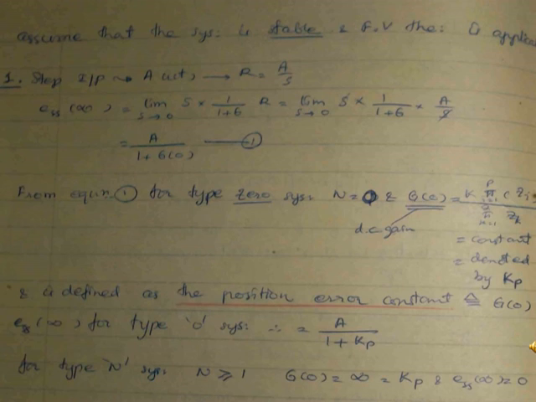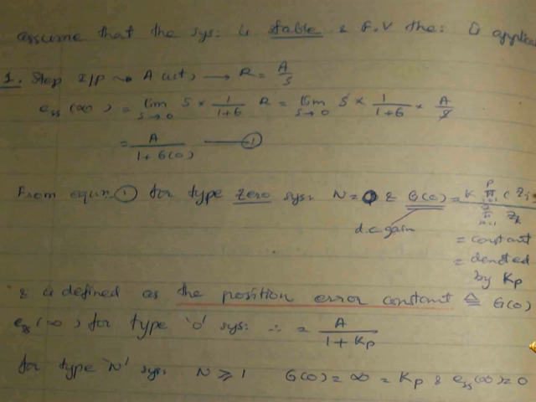For this type 0 system, it is defined as the position error constant. So G0 is the position error constant. The steady state error for the type 0 system is equal to A divided by 1 plus KP. For the type N system, where N is greater than or equal to 1, G0 approaches infinity, so KP approaches infinity and the steady state error is equal to 0.